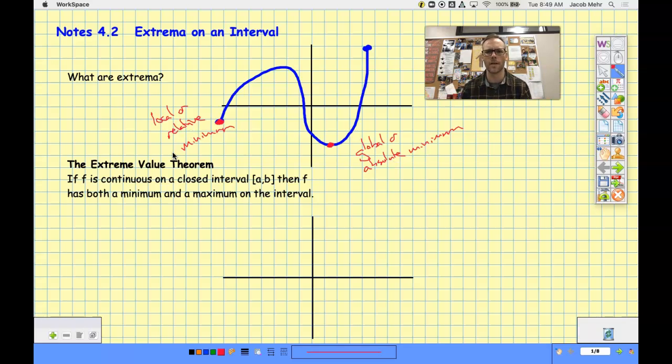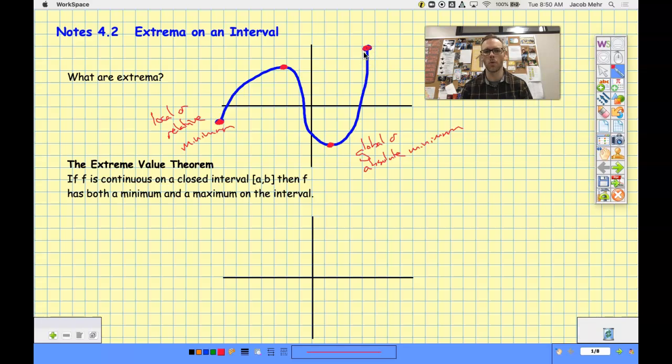So I use global, absolute, local, relative. I'll use those at different times. It's just depending on who you talk to, the book that you're looking at, they might use one word versus the other. So just be flexible with that. So: local minimum, global minimum, relative min, absolute min. How about a maximum? Well, I see this is higher than every point around it, and so is this one.